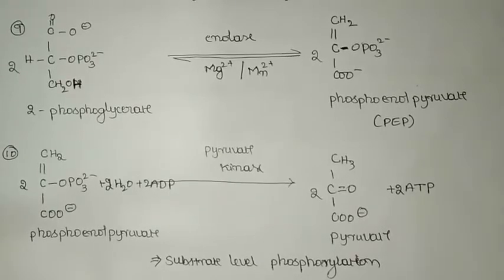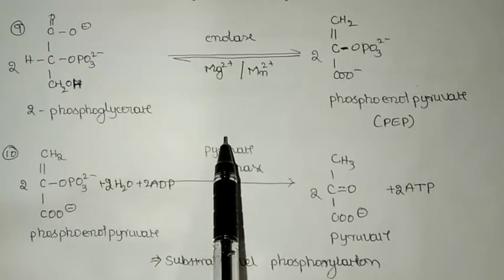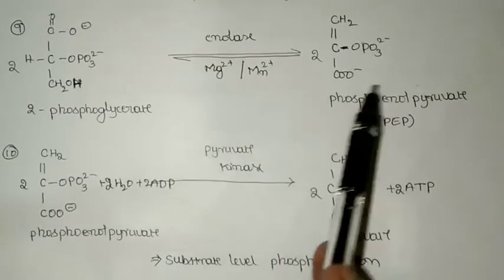So till now we have given totally 10 reactions, and you can notice that in the first 5 reactions we have noticed the consumption of ATP molecules, and in the next 5 reactions we have noticed the formation of ATP and even formation of the reduced coenzyme NADH.